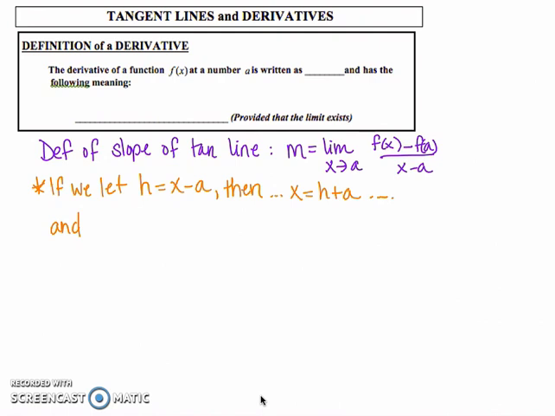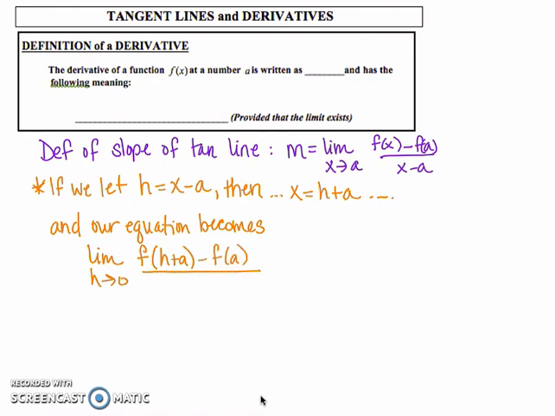And then our equation becomes the limit as h approaches 0 of f of a plus h, or h plus a, however you want to say it, minus f of a all over h, okay?